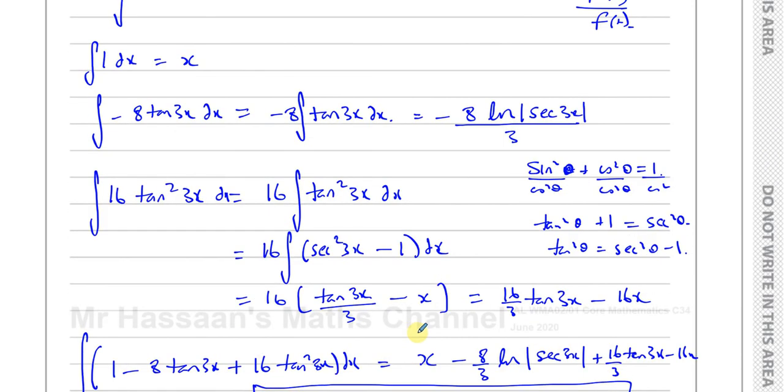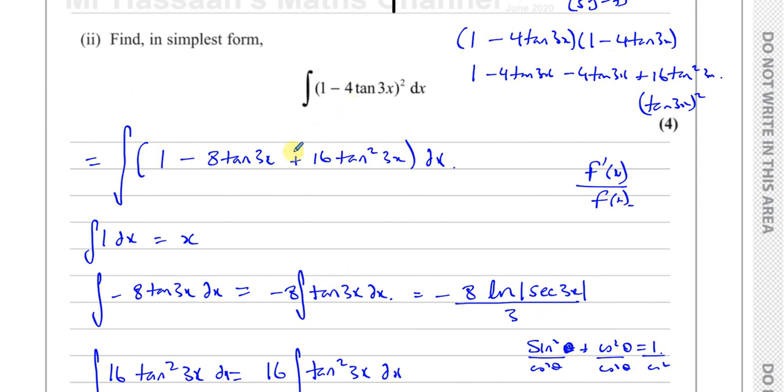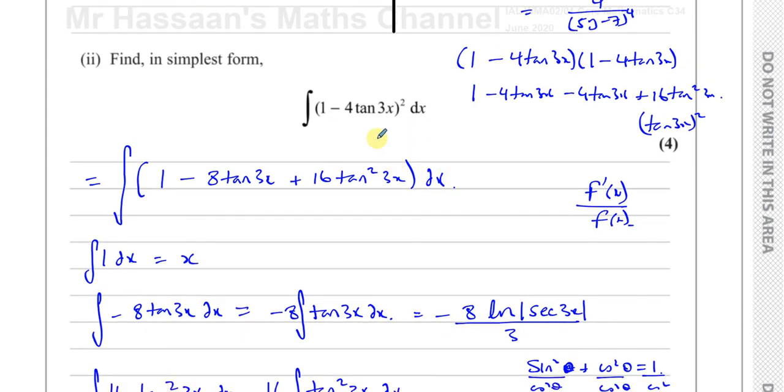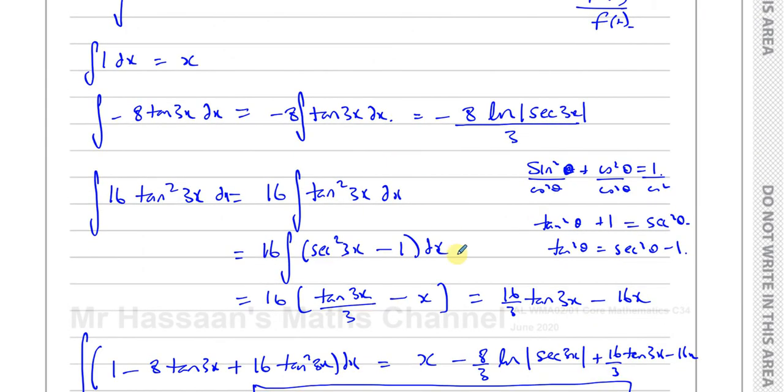All right, so that's a question where there's a few different types of things going on, but what we realize is it's not the type of question where we can use the reverse of the chain rule. Why? Because outside the function is not something of the form of the differential of what's inside it. In the earlier part, we started off with the sine of x over the cosine of x.